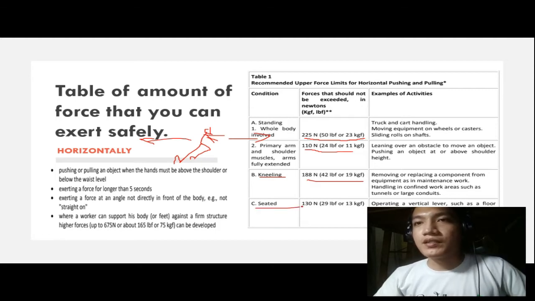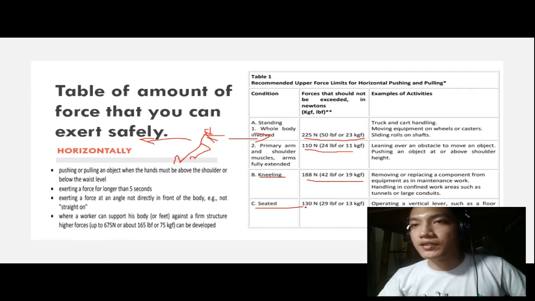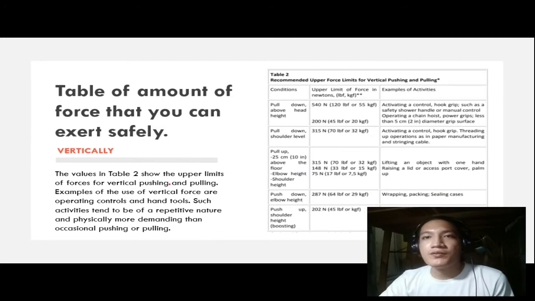Sa C naman is kapag nakaupo, operating a vertical lever such as a floor shift on heavy equipment. Moving trays or a product on and or off conveyors. Kailangan di ka maglampas ng 130 newtons. So, sa table 2 naman, sa vertical pushing.